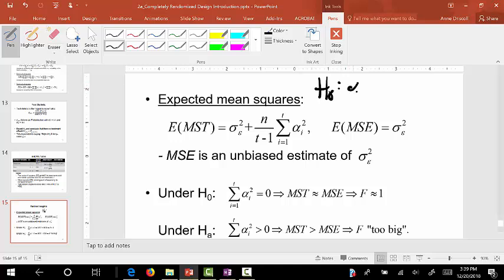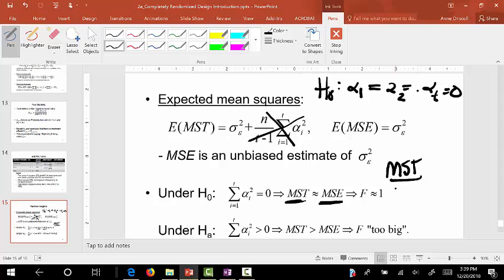Which is alpha 1 equal to alpha 2 equal to alpha t equal to 0, right? All of your alphas are 0 versus at least one differs. So under H naught, all of these sums of your alpha i's go to 0. So you would agree with me that under the null, there's no difference across the groups, then the MST is approximately equal to the MSE. And if you're doing MST divided by MSE, then this is about 1.